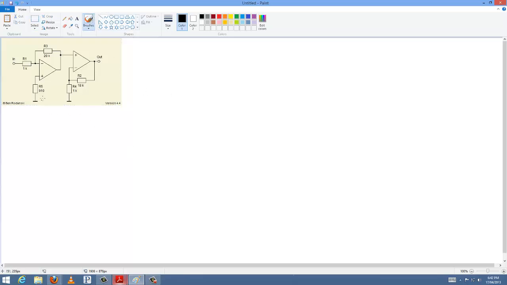We have AV1, which inputs into the negative terminal, so it ends up being negative R3 on R1. AV2, the input's going into the positive terminal.